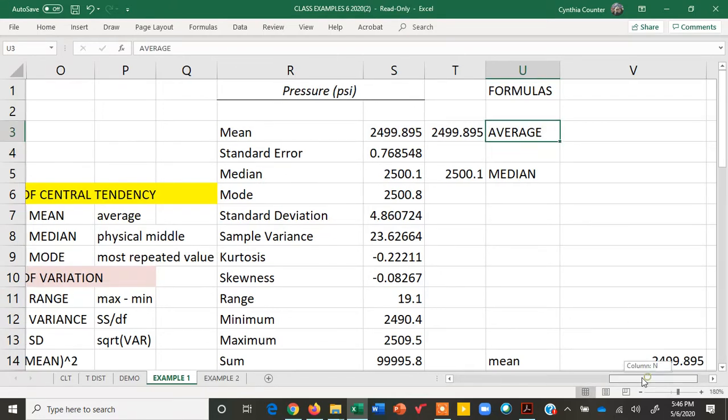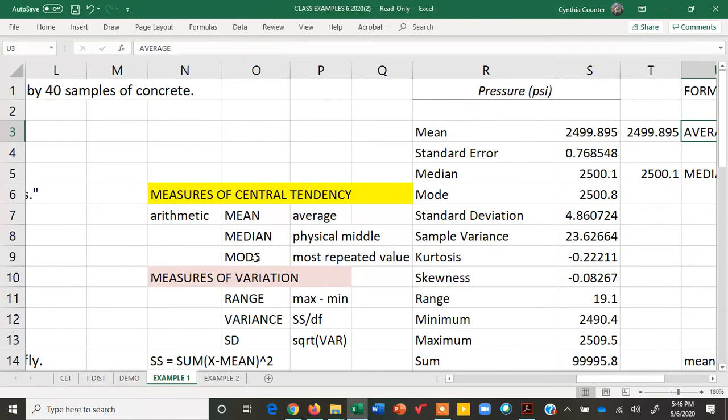The last measure of central tendency we're going to talk about is the mode. And the mode is the most repeated data value. It's possible you'll have data values with no repeats at all, in which case there would be no mode, and the output here would be an NA, not applicable, because nothing repeated.